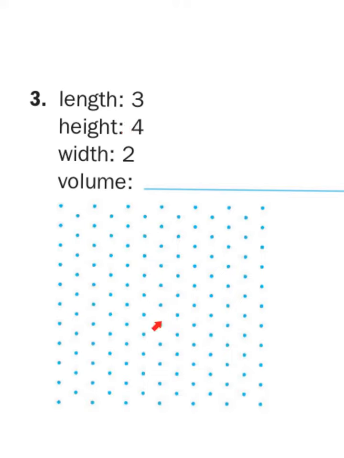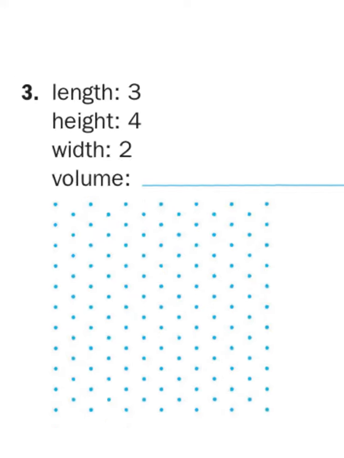Just so you know, if you're going length 3, 1, 2, 3, right? Width 2, just go this way, 1, 2. And height 4, you're going to have to go up 4. 1, 2, 3, 4. And then just connect all the lines in between there. Once you do that, count your blocks and see if you can get your volume. So pause this, give it your best shot. If you're struggling, you could do it with me on the video and pause. Remember, this is not art class. Okay, go ahead.